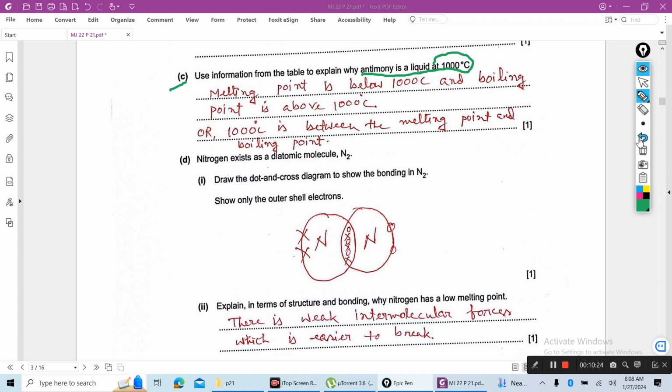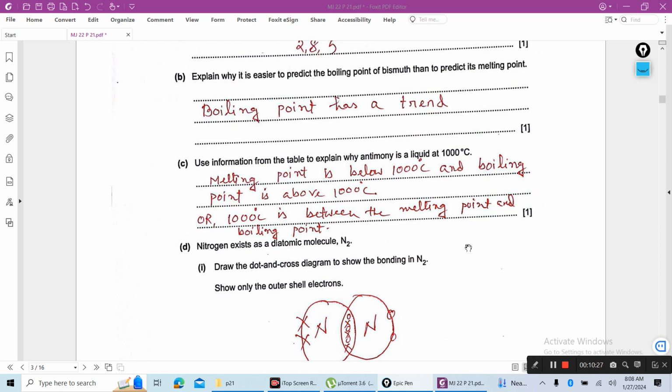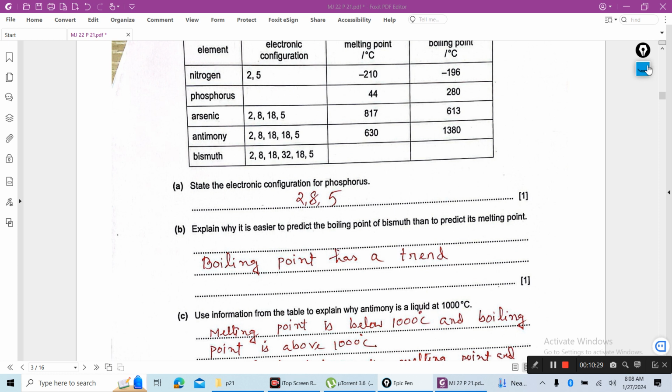You see, antimony has a melting point of 630 degrees centigrade and a boiling point of 1380.